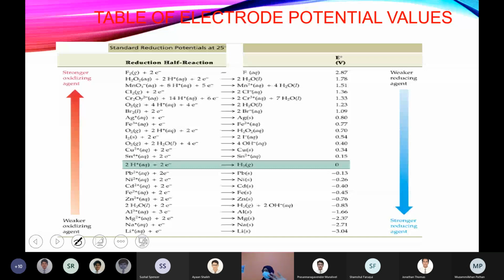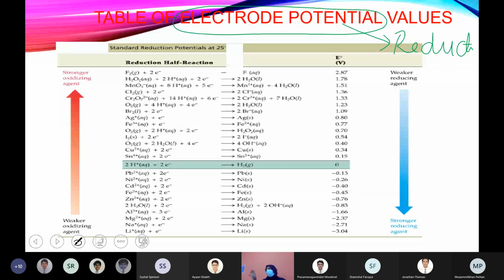So this positive and negative sign, whenever they refer to electrode potential, they mean reduction. When you write that the electrode potential of copper is 0.34, it means the reduction potential of the copper half cell is 0.34. Electrode potential is a term which we always take as reduction, so these values are their reduction potentials.